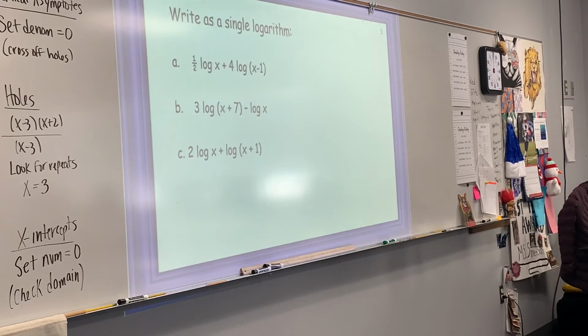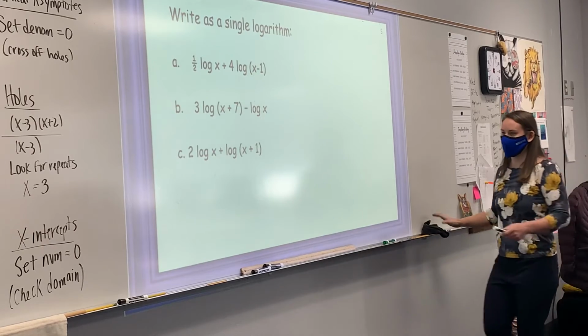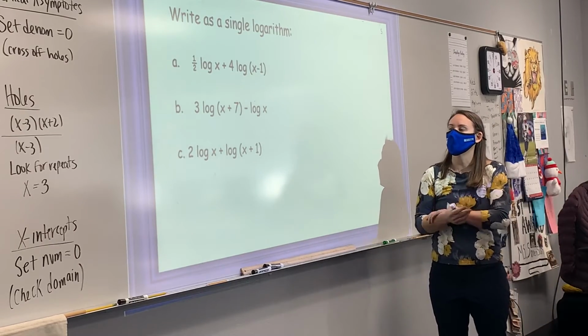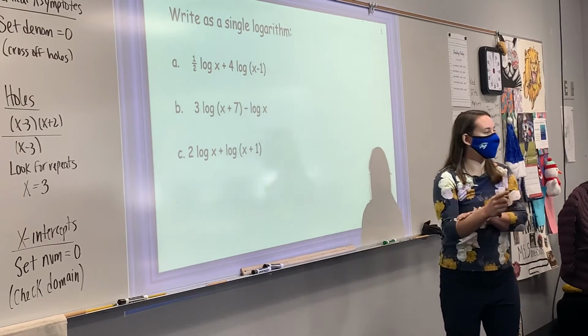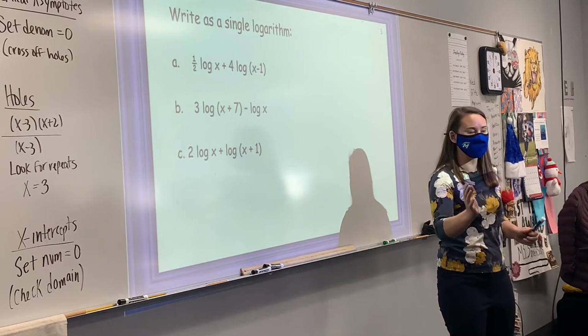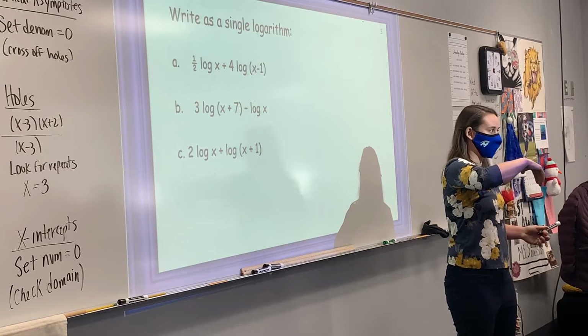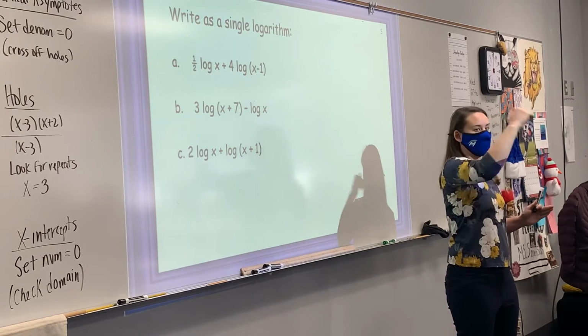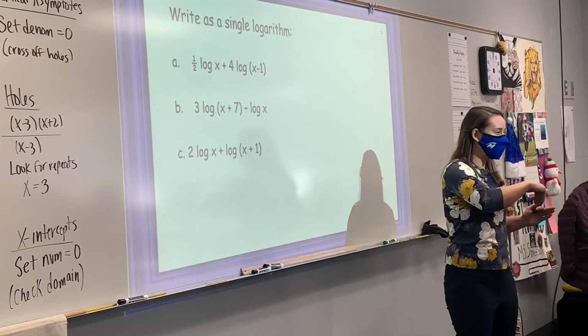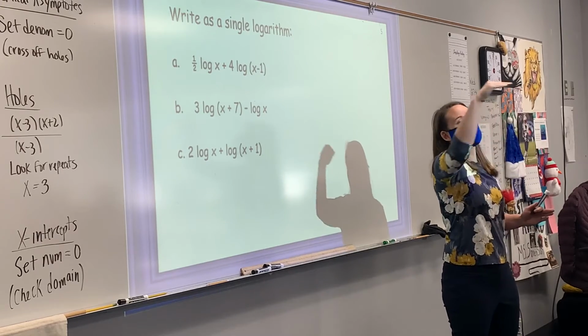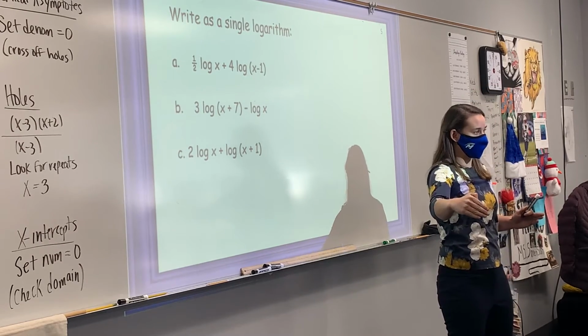All right, let's just do these together, and then I've got a couple for you to try on your own. So remember when we were doing our homework, the last step was always to bring the exponent down. You guys remember that? Now we're going the opposite direction, so our first step is going to be to bring the exponent up.